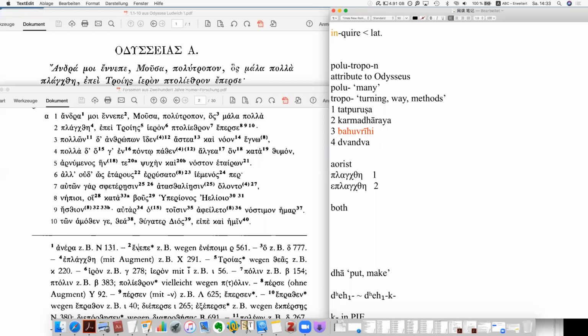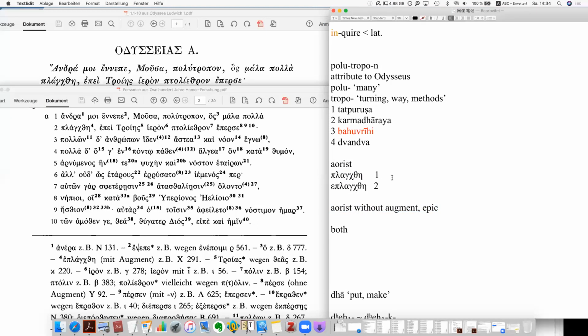But for them, this is just a variant without augment. So this is only explained as aorist without augment. And this is epic. You also find this explanation in the grammar books by the classicists.